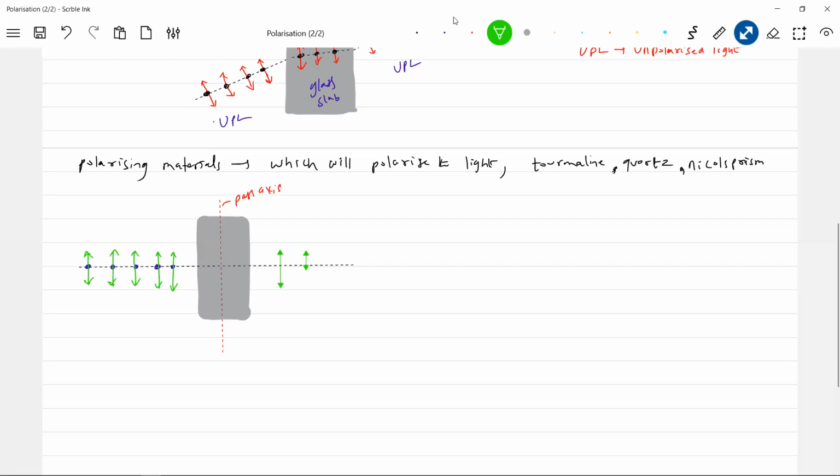So this particular quartz crystal, let me take quartz crystal. What it does, it will permit the E bar to vibrate only along y-axis, and any E bar which is vibrating along z-axis will be absorbed by the atoms. So what is this? This is a quartz crystal. This is a pass axis, quartz crystal, or it is also called a polarizer.